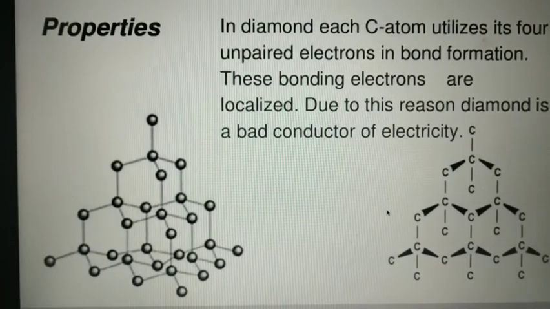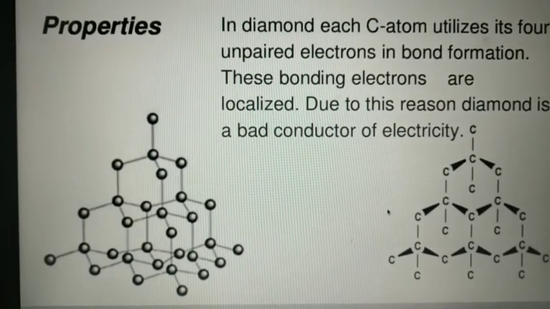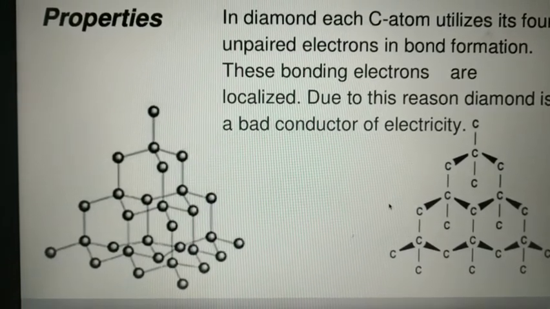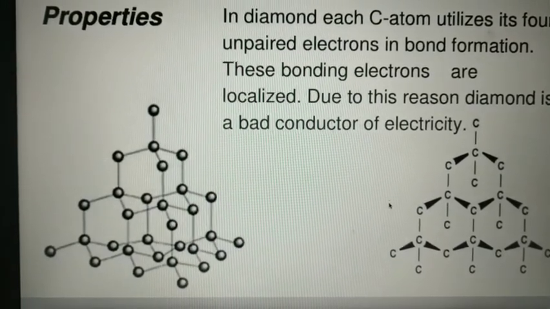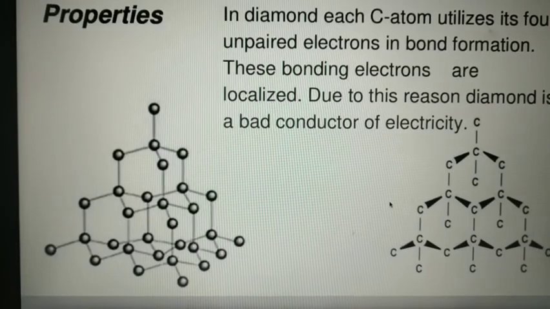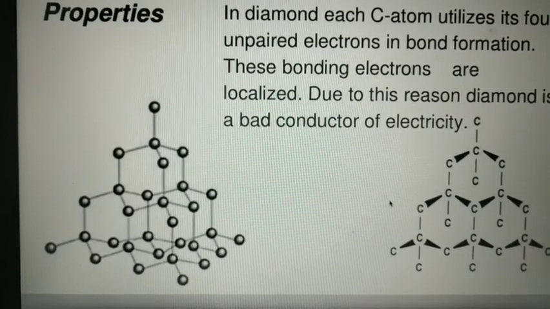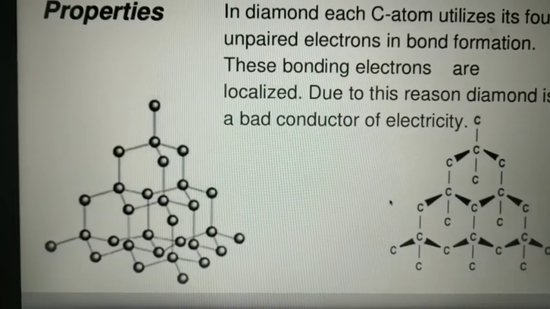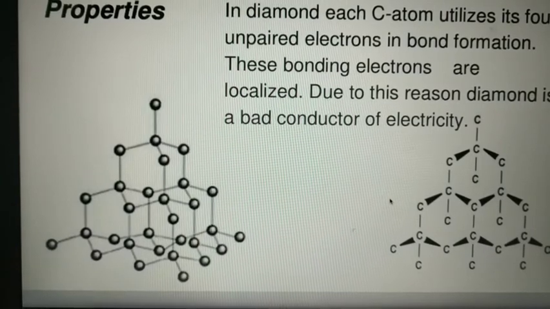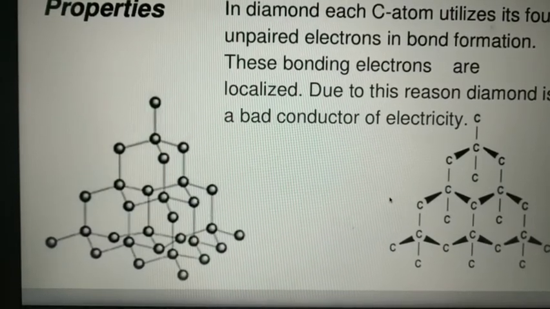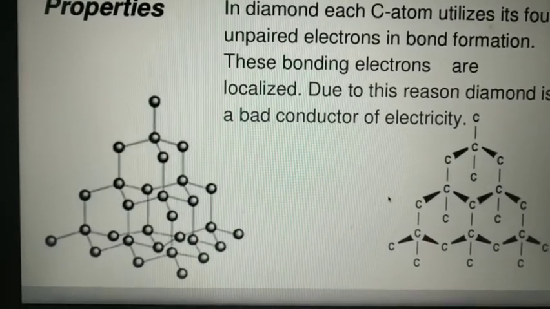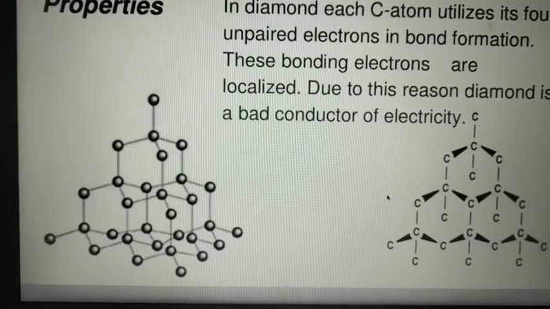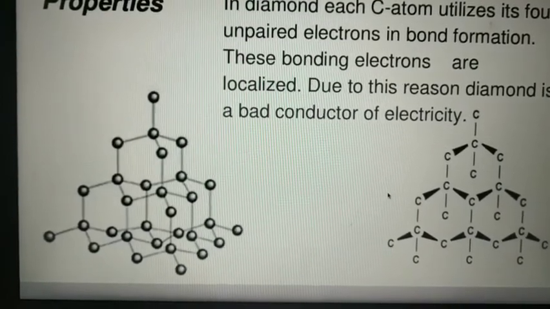This tetrahedral arrangement of carbon atoms gives a rigid 3-dimensional structure of diamond. Okay, this is rigid. So it is due to this reason only diamond is very hard. It has high melting and boiling point, and it is a non-conductor of heat and electricity. So remember this one.